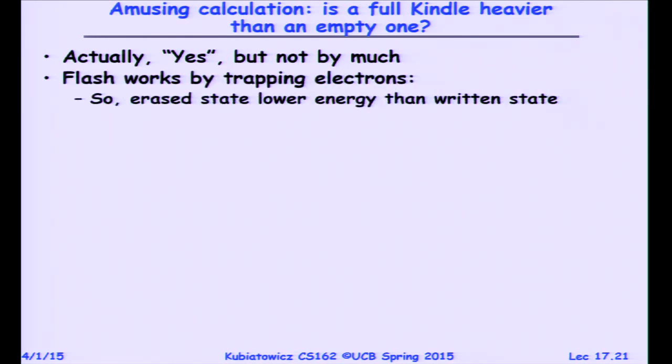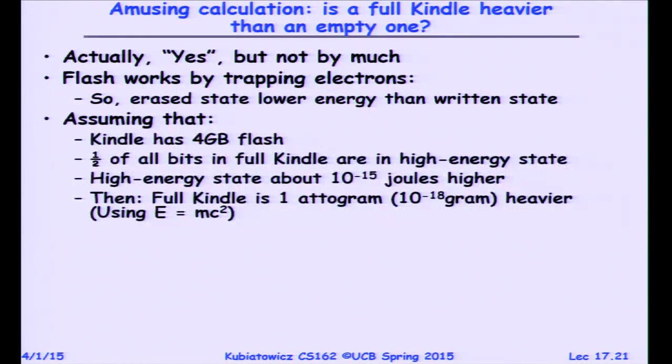The reason is, I mentioned this briefly, flash works by trapping electrons. So the erased state is lower energy than the written state, because you get rid of all the electrons, there's nothing trapped, but as you trap them, they're in a higher state and therefore more energy. As a result, we can use E equals mc squared, believe it or not, to come up with the effective mass and therefore weight. The trapping is about 10 to the minus 15 joules, and in a 4 gigabyte flash, about half of the bits are 1 and half are 0 if it's full.